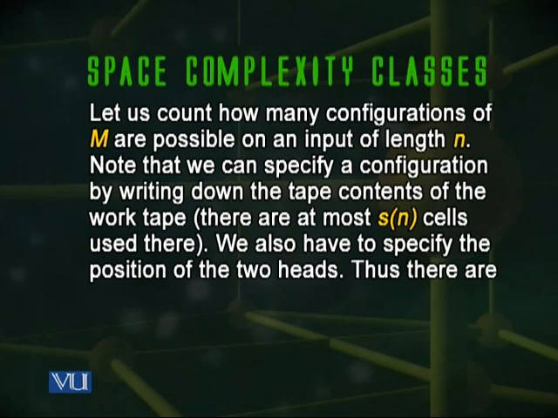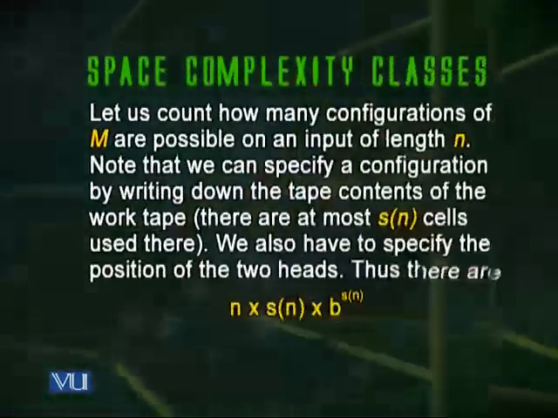The first head can occupy at most n possible positions, since it is allowed to only scan the input, and the second head can occupy any position on the work tape, and there are S(n) positions that it can occupy. Thus, I can give the whole configuration by giving the 2 positions of the tape heads and all the tape contents of the work tape. Now, how many possible configurations would there be?